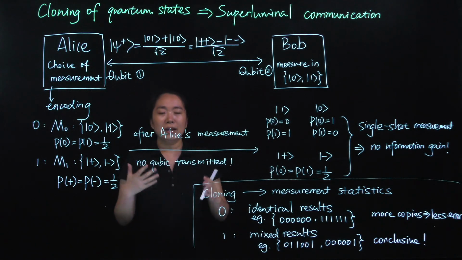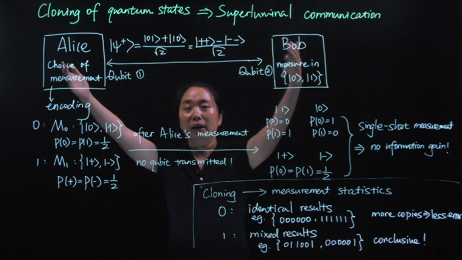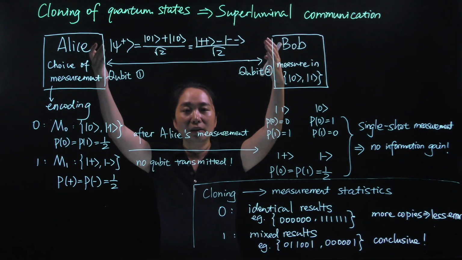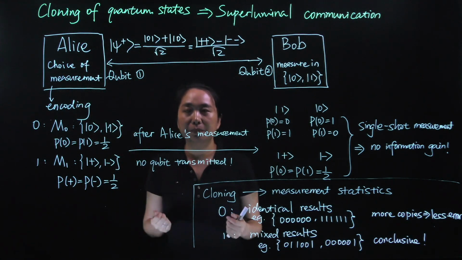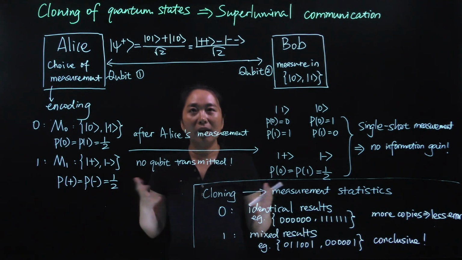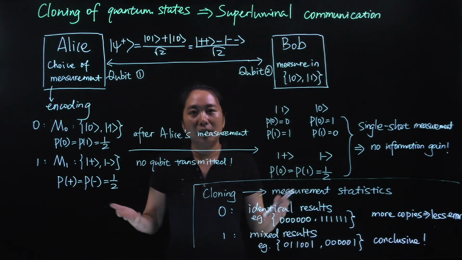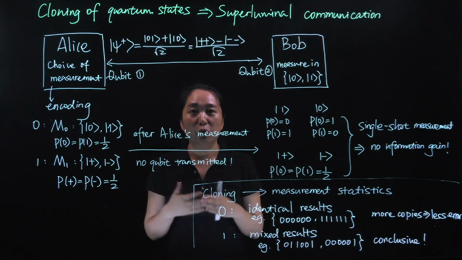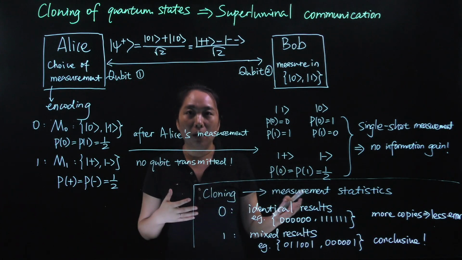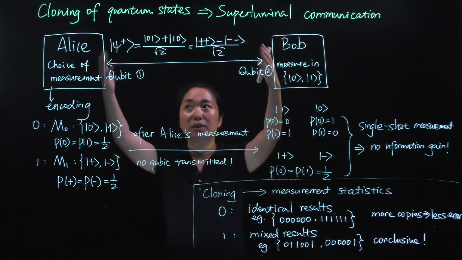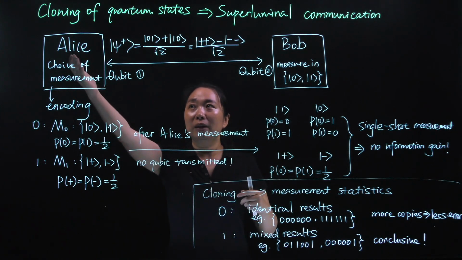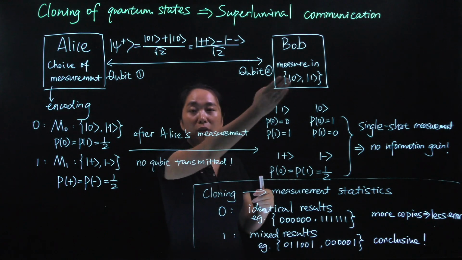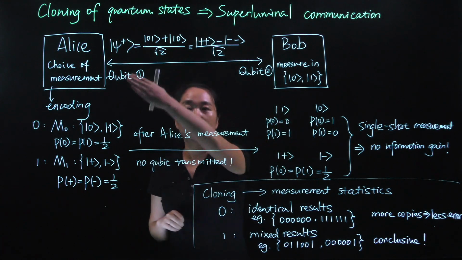And one might even argue that, okay, there is a pre-established entanglement between them. Maybe this entanglement needs preparation time. One can ignore that because they can be prepared much in advance before Alice wants to communicate with Bob. But even if we take into account the time for the preparation, it does not need to be that Alice sends the qubit to Bob or Bob sends the qubit to Alice.